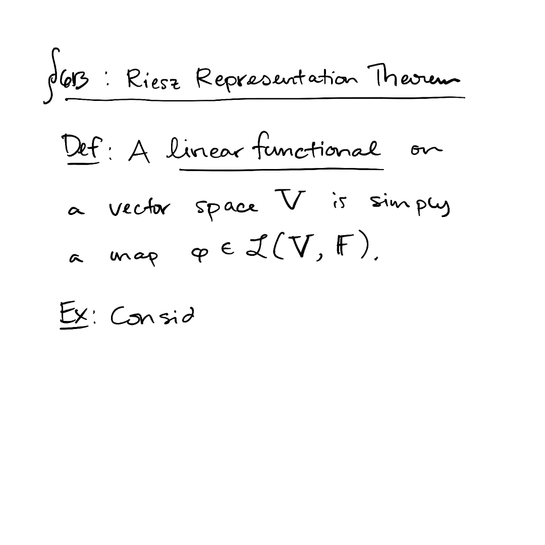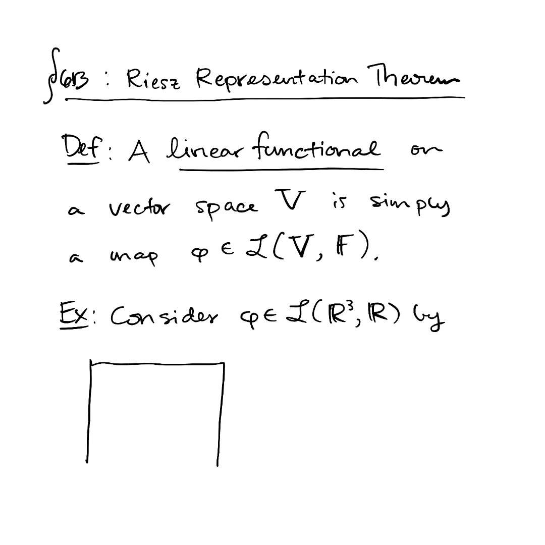So here's a nice example. Consider Phi mapping, how about R3 into R. So here's the drawing. Here's R3, and Phi acts on R3 and spits out answers that are just simply real numbers. So here's R. People usually draw R with a number line, but it's just a big box of stuff like any other vector space. Here's how Phi works.